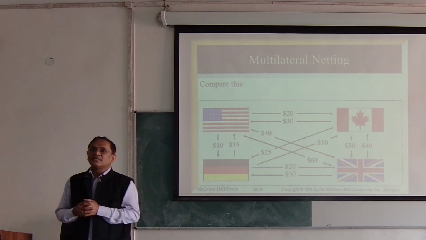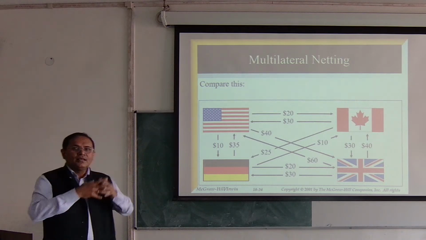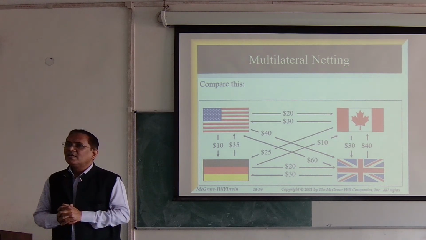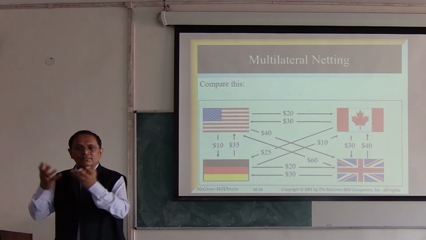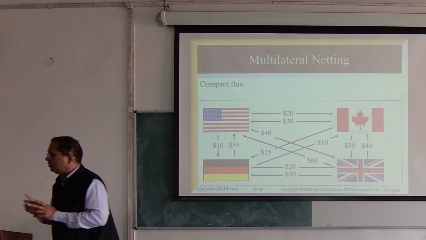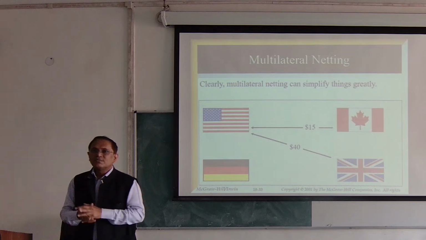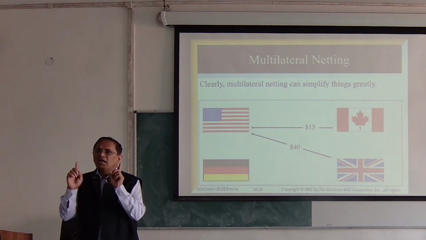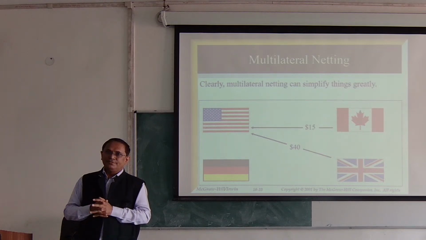This was the original structure. The quantum of money which was flowing and the transaction charges, transaction cost, and other related issues can easily be sorted out just by making this small payment. And none has got affected. Whatever receivables and payables are there have already been taken care of.